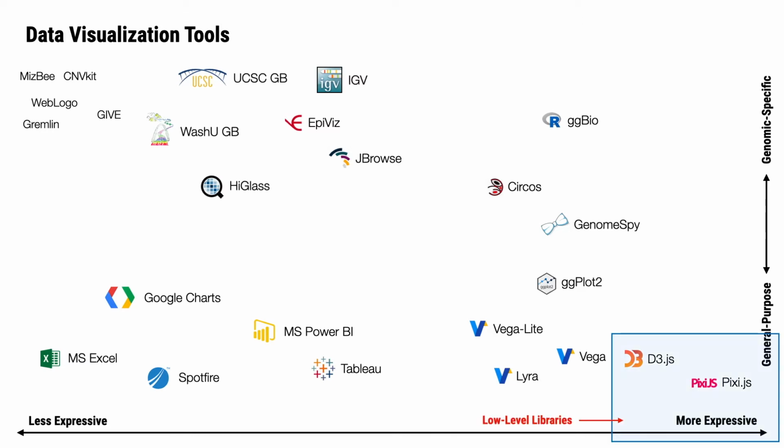You can see that on the rightmost area, there are some low-level tools like D3 and Pixi.js. While these tools are highly expressive, they are very limited in terms of ease of use. It takes much time to learn and use these tools to implement new visualizations.